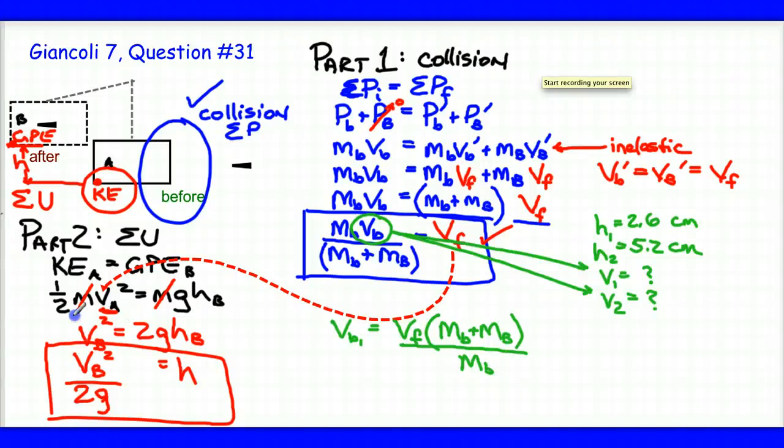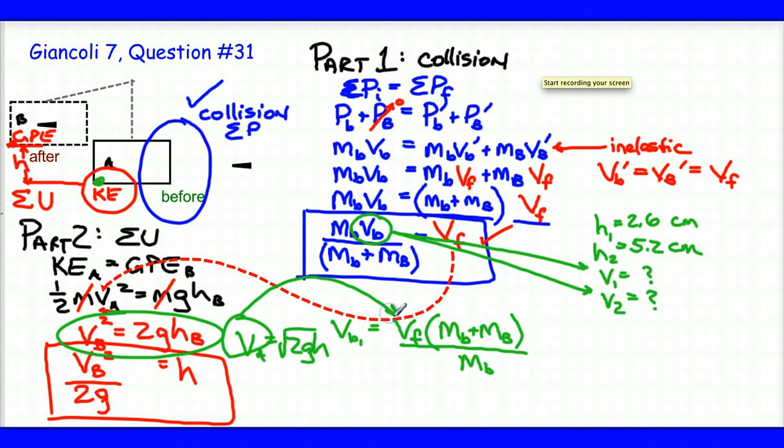And now what I have here is an expression for the velocity of the bullet. Okay, let's go back here now and take this expression for the final velocity right here. And that's the velocity at point A. So let's take that and say that that's equal to root 2gh, right? All I've done is take the square root of both sides. So the velocity that it had after the collision, the moment after impact with the bullet in the block, is equal to root 2gh. And I'm going to plug that in right here.